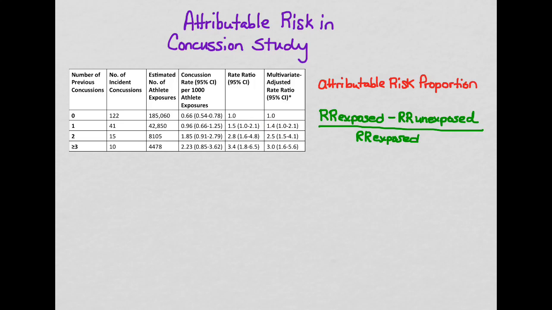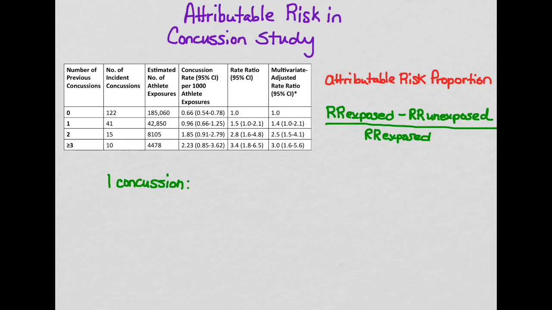So let's do it with some of these with the concussion example. So for 1 concussion, the relative risk in the exposed is 1.5. Relative risk in unexposed is 1, as it will always be, all over 1.5.